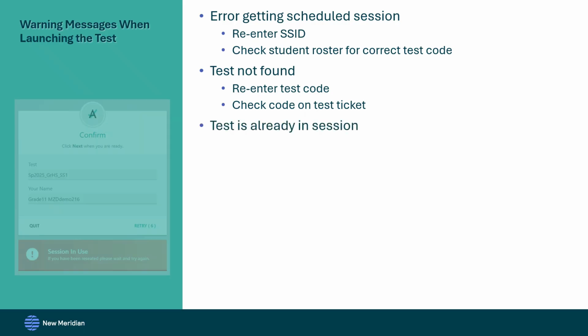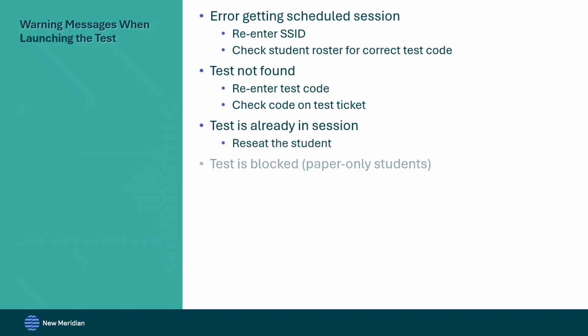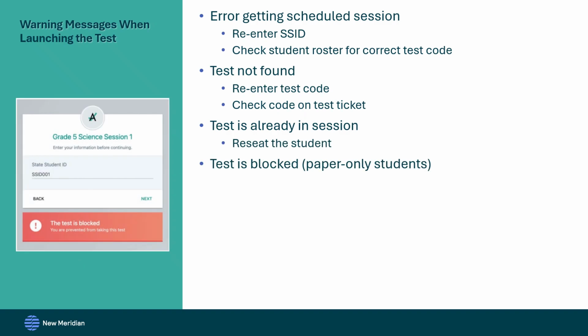If the alert is that the test is already in session, then the student should be reseated and then retry logging in. A message that the test is blocked will appear for students with a paper-only accommodation if they try to log into a test session online.